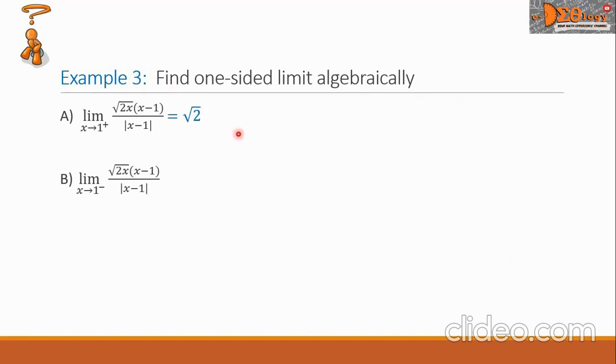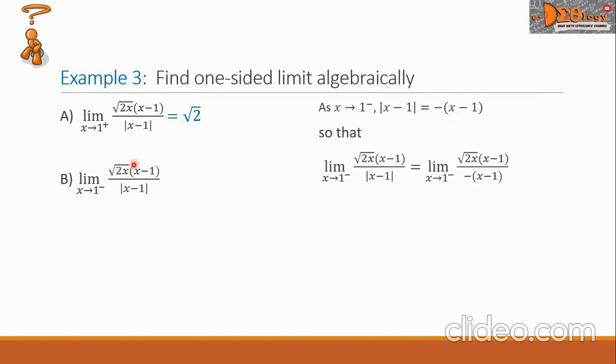Now let us solve for problem B. We said a while ago that we have the same function. The difference is this is a left-sided limit. So we say that as x approaches 1 from the left, the absolute value of the quantity x minus 1 is equal to the negative of the quantity x minus 1.